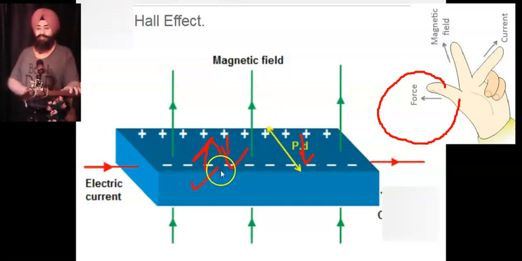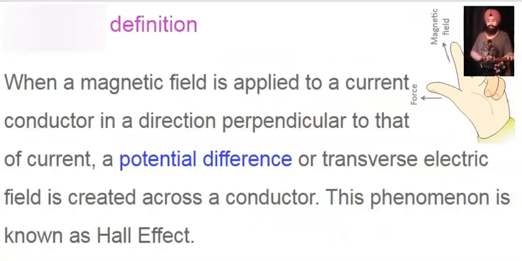When the two forces become balanced, the accumulation process stops. And at that time, whatever voltage appears established, that is called the Hall voltage, and the electric field is the Hall field. Okay, this is the Hall effect.